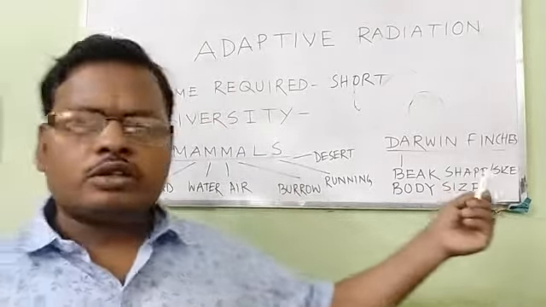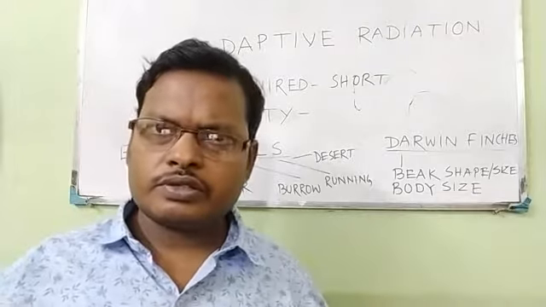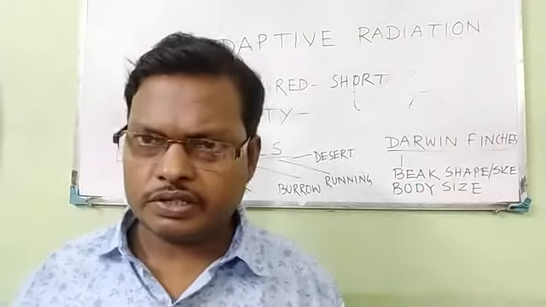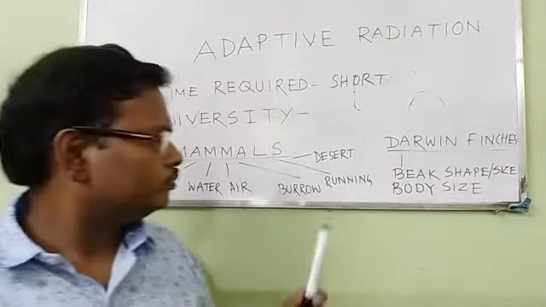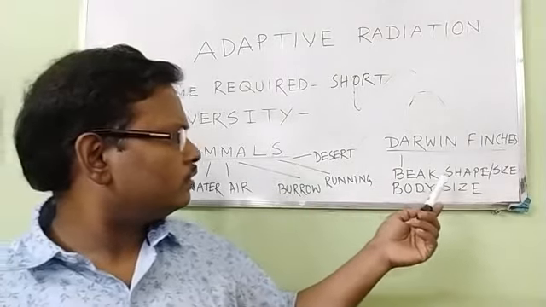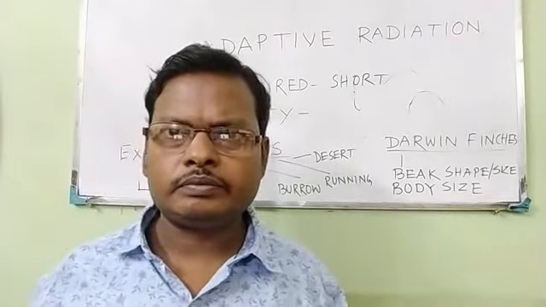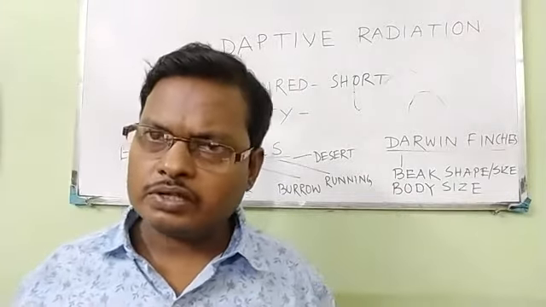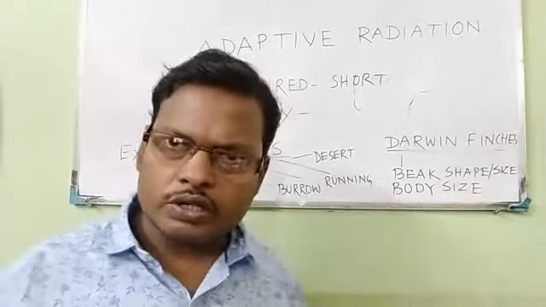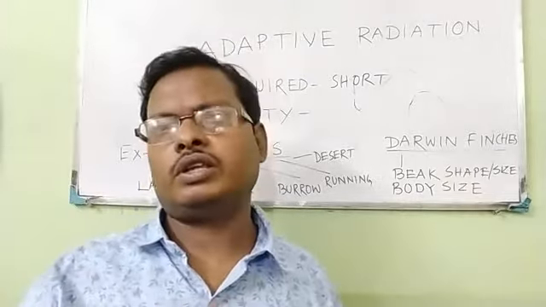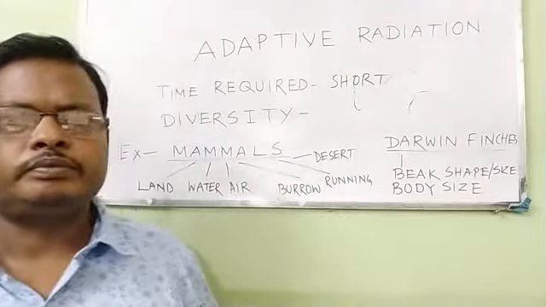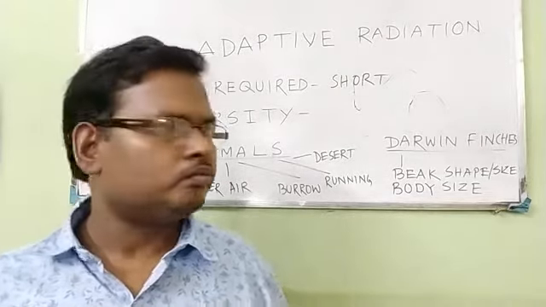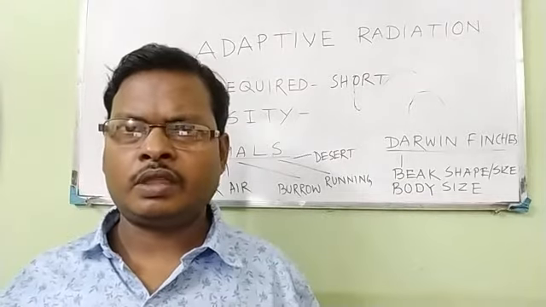The example is also found in birds. We can cite the example of Darwin finches. These are diversified in beak shape and size, their body size, but all have originated from a common ancestor. Then why are these differences there? These are adaptive features.